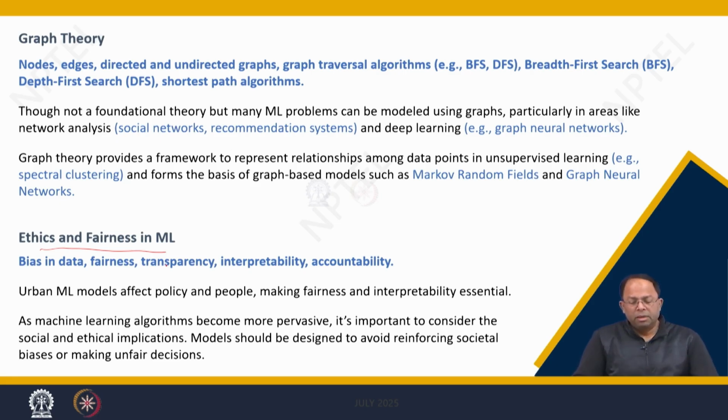It should avoid reinforcing societal biases or making unfair decisions. We should make sure that the model is fair, equally applicable to everybody. Because machine learning models are trained on data, if you do not have data on certain kinds of populations or individuals, the predictions could be erroneous. So this is where we have to be careful about how we build the models.